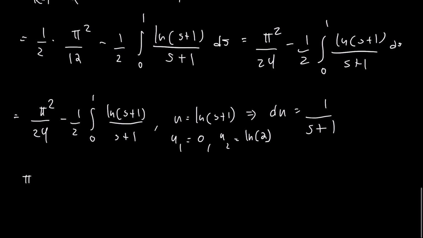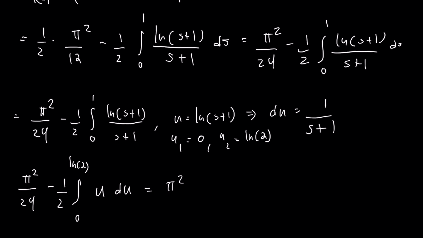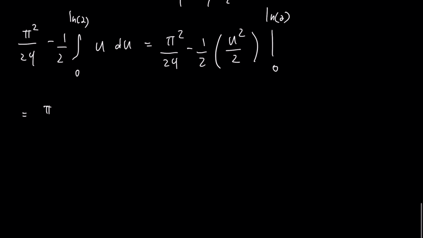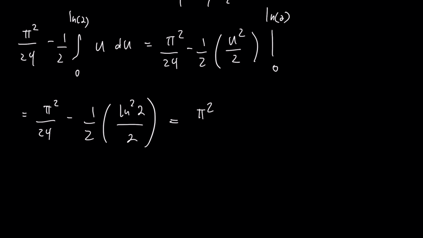So we're going to have pi squared over 24 minus a half, the integral from 0 to the natural log of 2 of u du, which is pi squared over 24 minus a half u squared over 2 from 0 to the natural log of 2, which is equal to pi squared over 24 minus 1/2 of the squared logarithm of 2 divided by 2, which is equal to pi squared over 24 minus 1/4 the squared logarithm of 2.